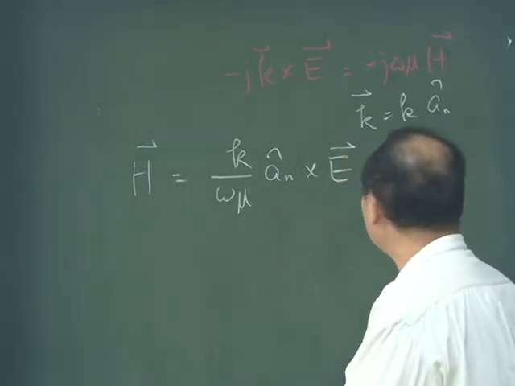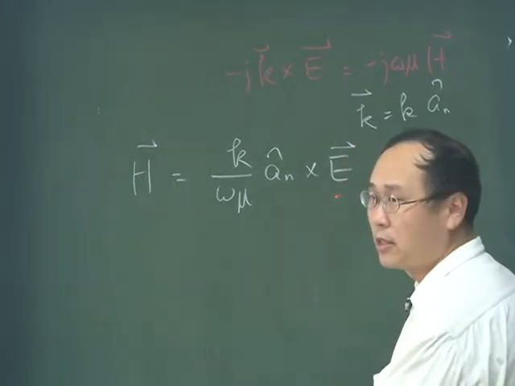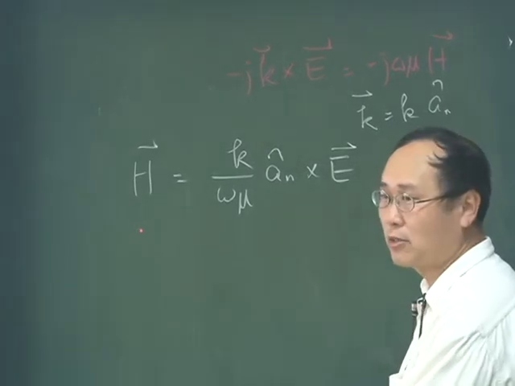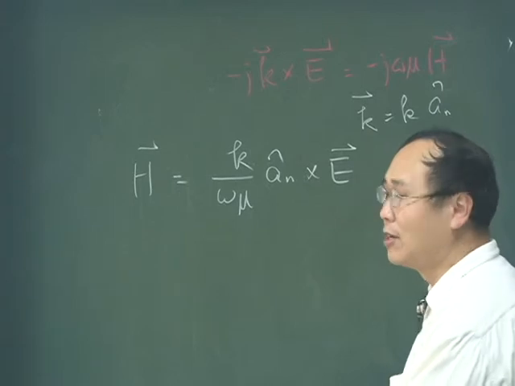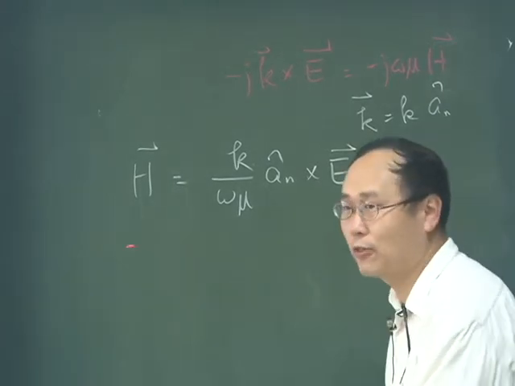So if you know the solution for E, you know the solution for H. So this is an easy way to calculate the magnetic field from a known electric field.